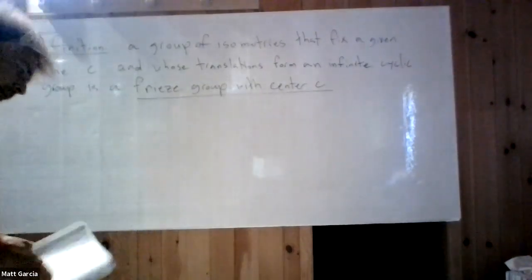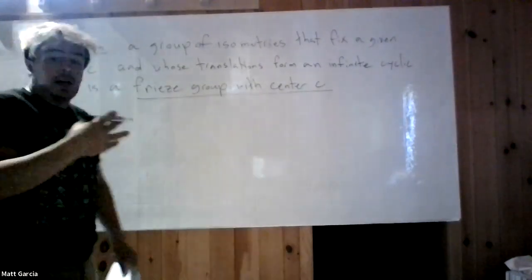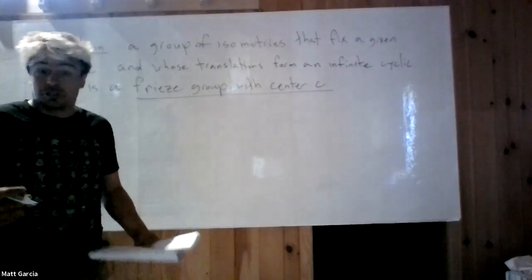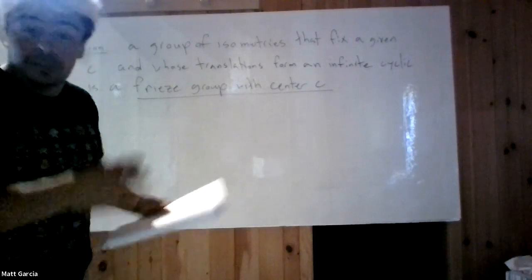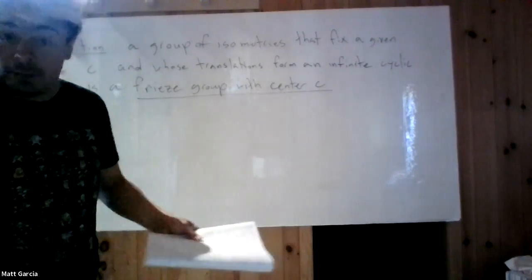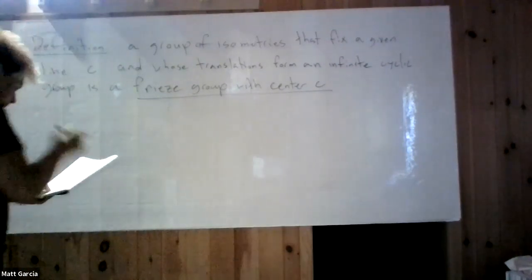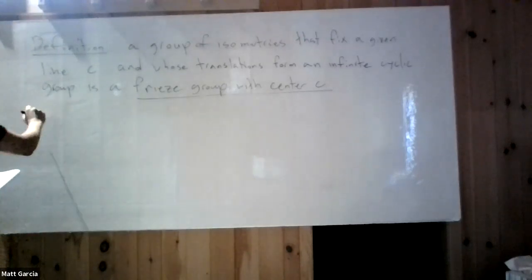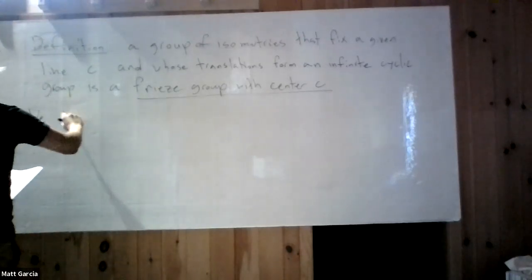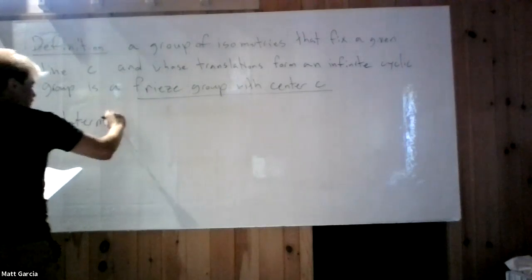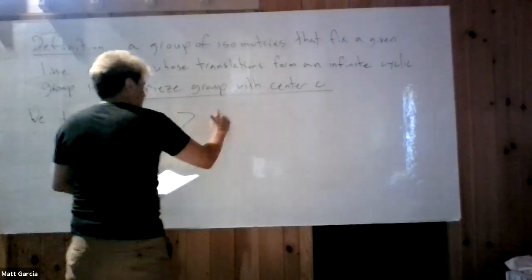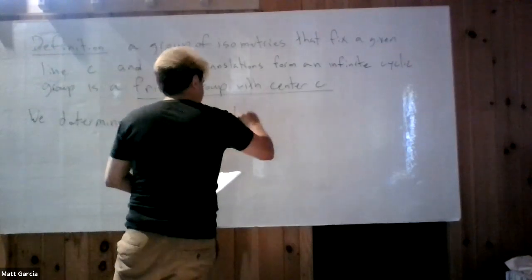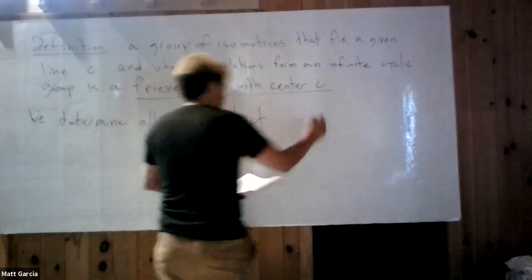Basically it's just a process of elimination, or just making some assumption about what it must contain and deducing the generators from that. So now what we'll do is we'll determine all 7 distinct freeze groups.